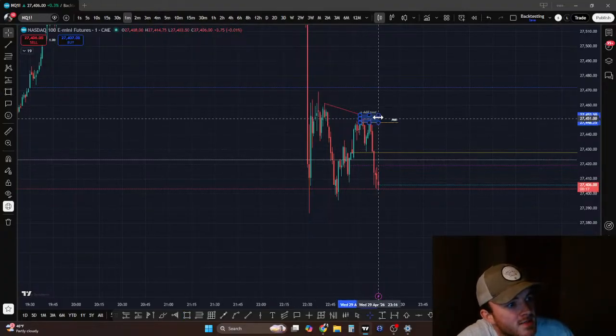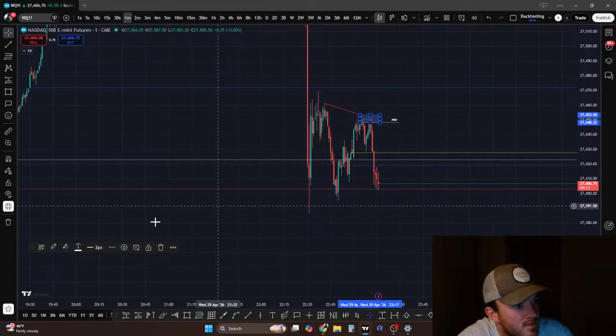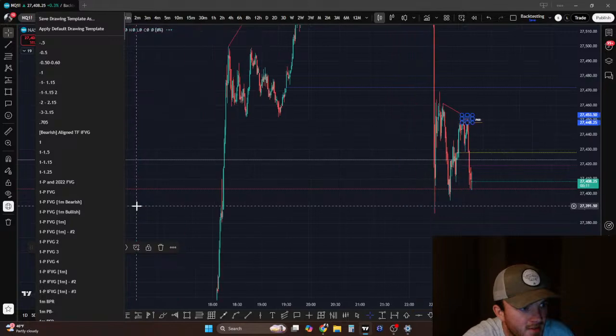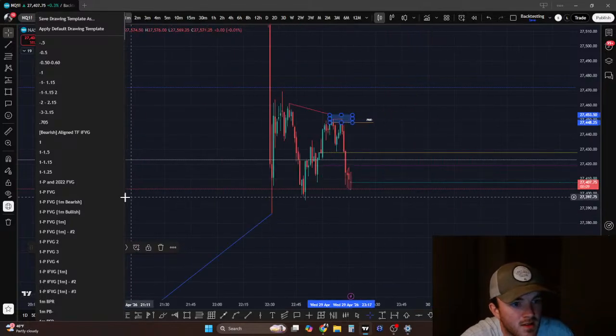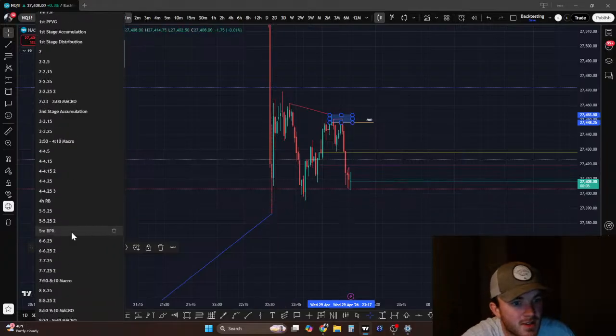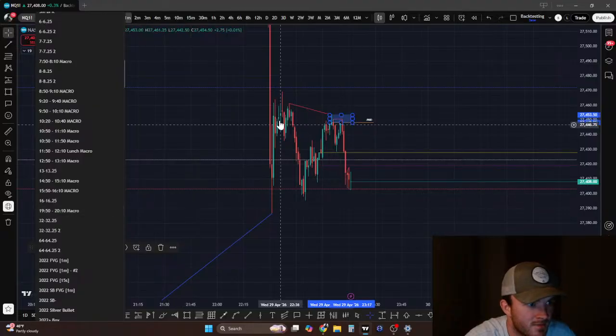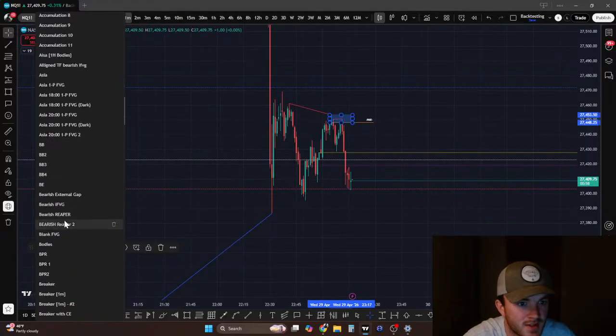We have stacked S&Ts as well, into high resistant liquidity. I think right now it's seek and destroy, so I think we're possibly going to use this and come back up. I could see that.